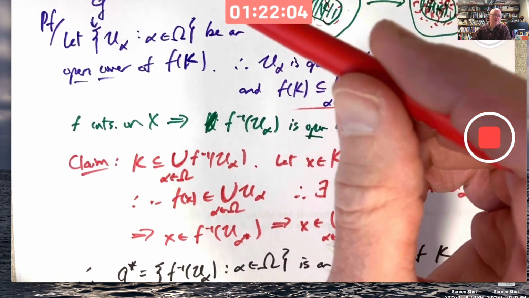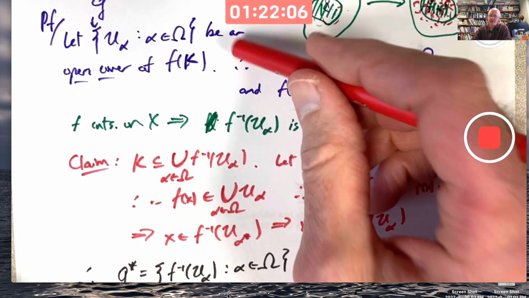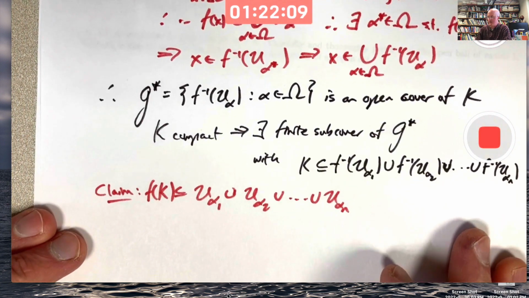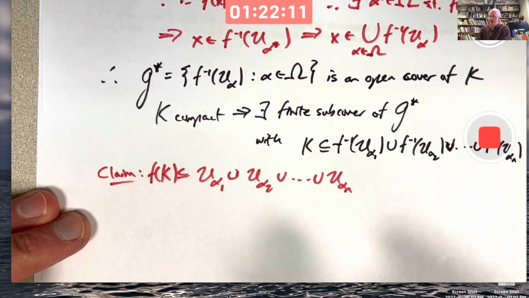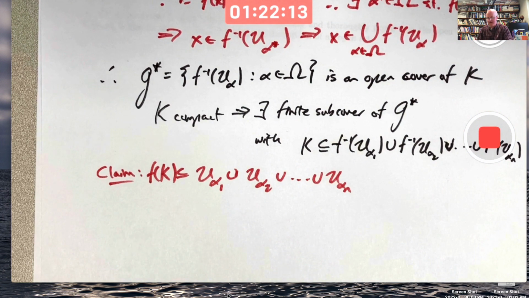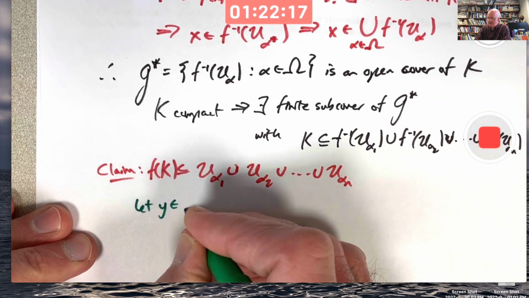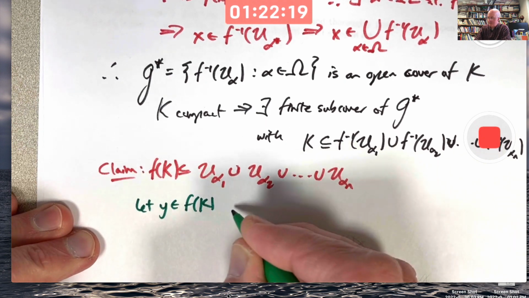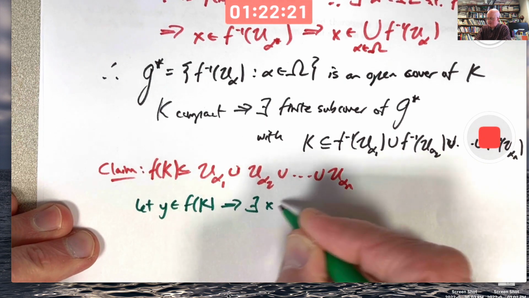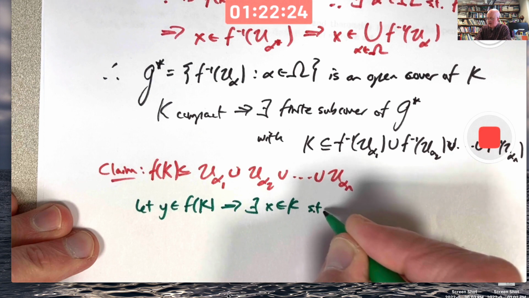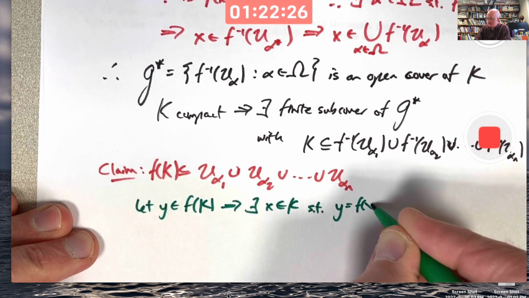It's got to be with respect to the original open cover. These U's are in the original open cover, which they are by how I've constructed this. And how do you prove that claim, which will finish the problem? It's not too hard. Let y be in f of capital K. That implies there exists an x in capital K such that y equals little f of little x.